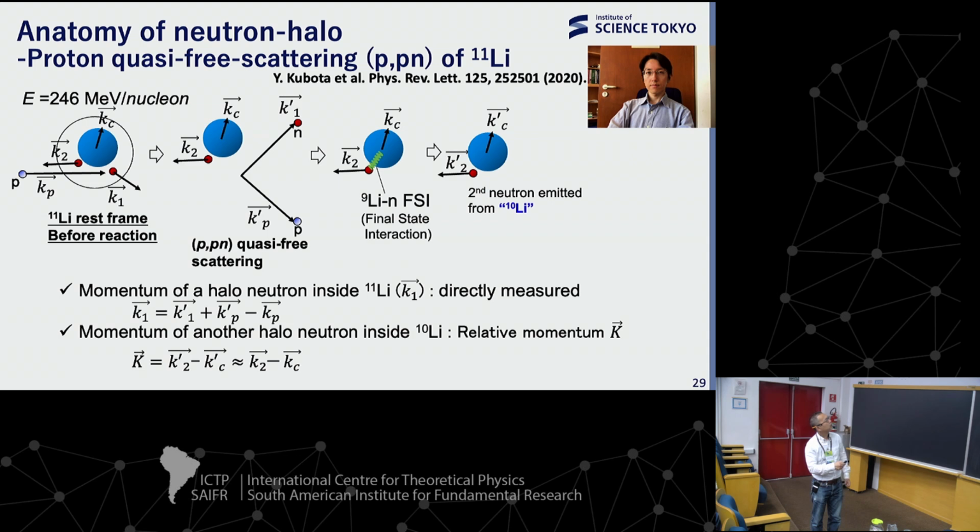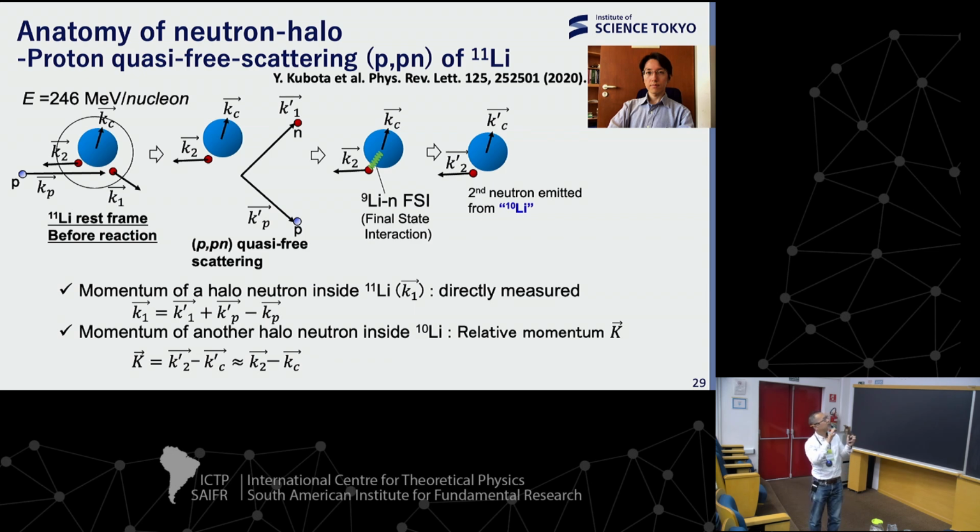We measured K1 prime. In the real experiment, we use inverse kinematics anyway. But we basically measured incoming particles. So this corresponds to the momentum of the incoming proton, and then the knocked out proton, the knocked out neutron, and also the residue lithium-9.